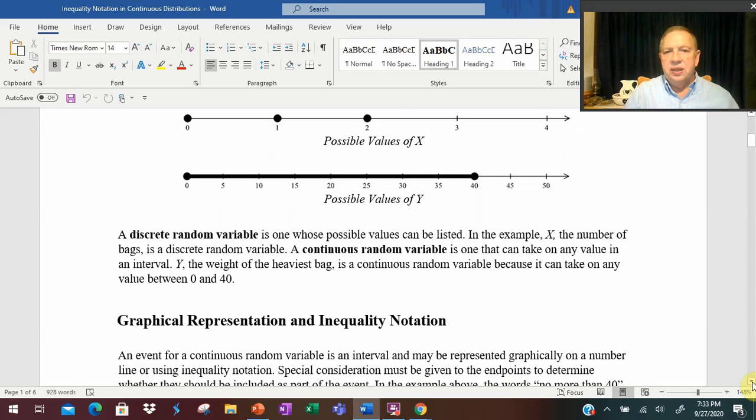Anywhere in here I can pick, and between any numbers that I pick, no matter how close they are, there's a number in between them. So I can continuously divide two numbers in two and get a number like half, half, half, half. I can't list those all out.